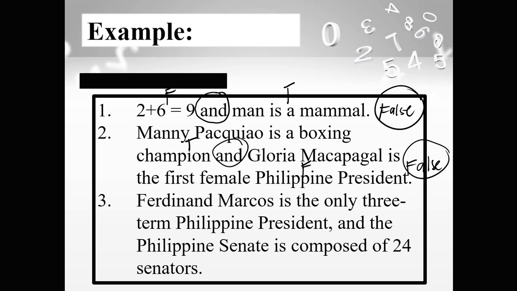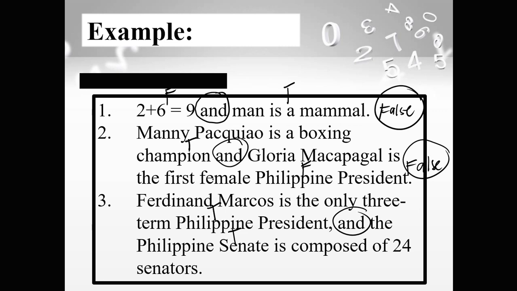Okay, so let's have number 3. Ferdinand Marcos is the only 3-term Philippine president. Ayan, that is our first statement. And of course, this is true. And the Philippine Senate is composed of 24 senators, which is also true. And the logical connective being used is the word and. So, your first statement is true and your second statement is also true.